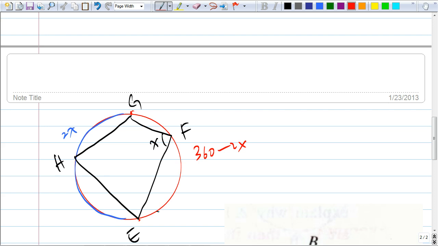What is then the measurement of this inscribed angle, GHE, that intercepts the arc GFE? How about, this is actually using the theorem straight. Emily, what would the measure of this inscribed angle GHE be if its intercepted arc is 360 minus 2x?